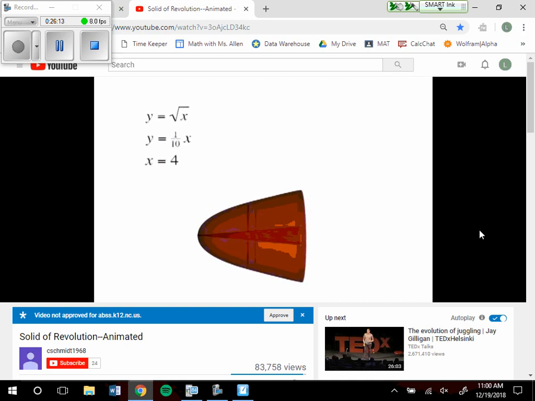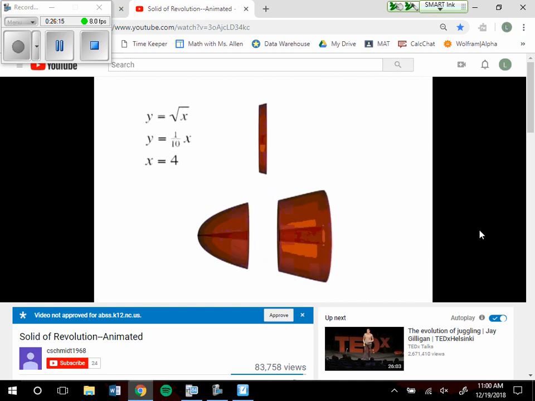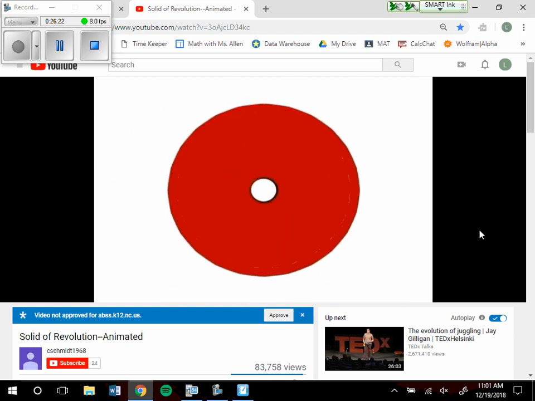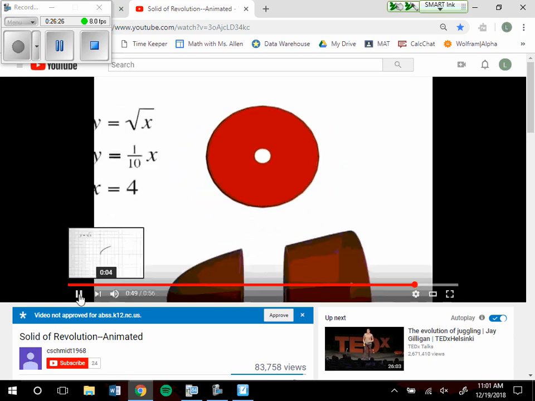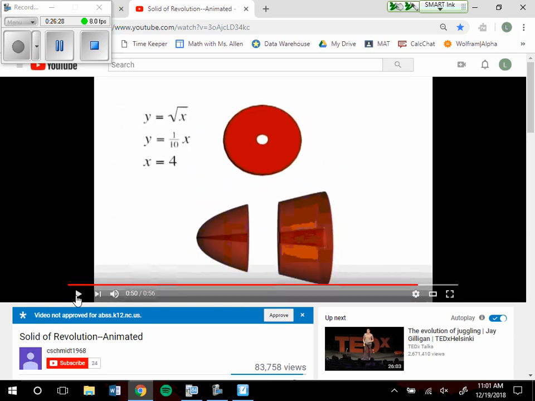Each cross section is not a disc, it's a washer. It's a circle with a hole in the middle. So if I wanted to find the volume of this solid, how do you think I should do it? Doesn't it just depend on how thick? Yeah, it's definitely gonna depend on how thick they are.